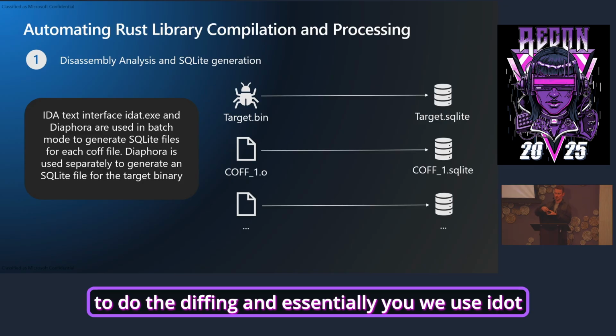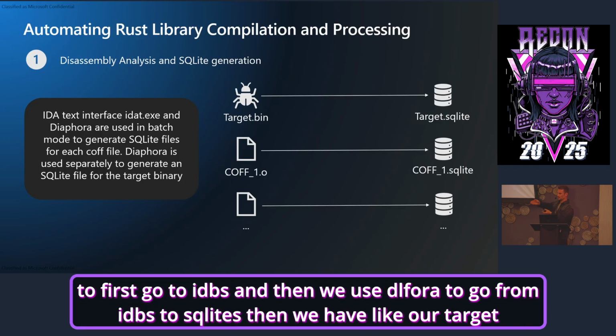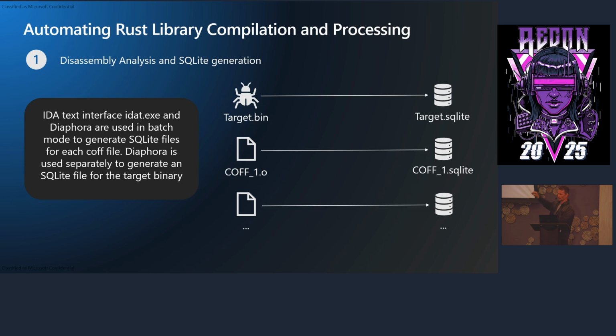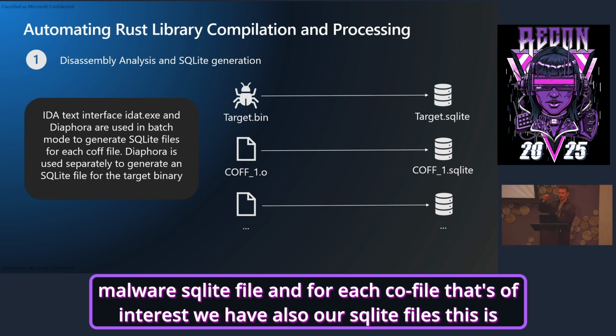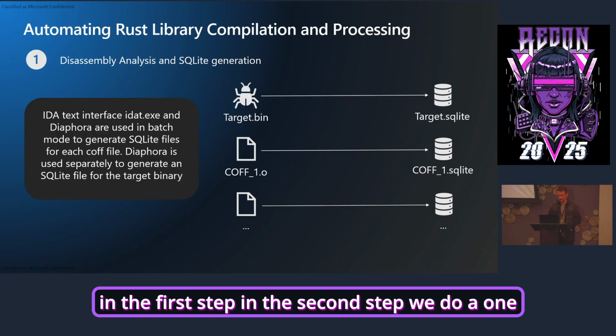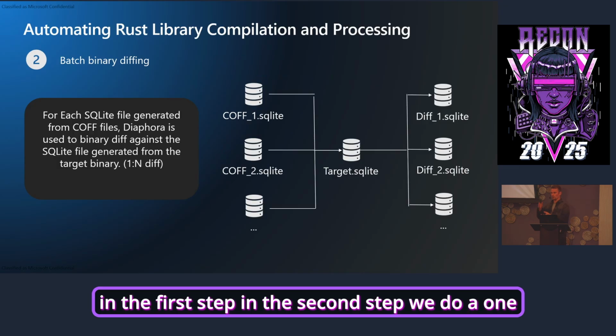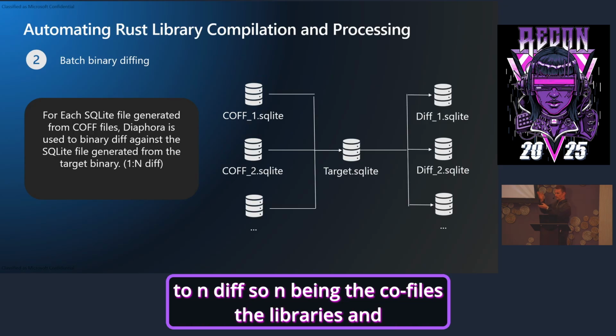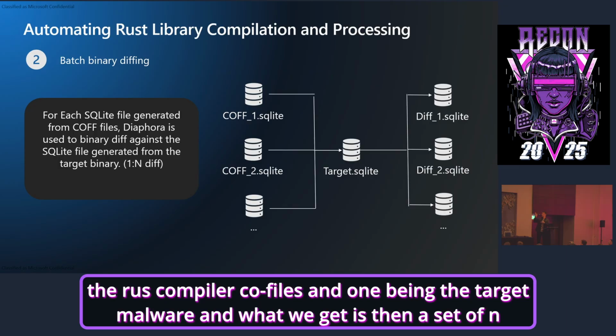Essentially, we use idat to first go to IDBs, and then we use Diaphora to go from IDBs to SQLites. Then we have our target malware SQLite file, and for each COFF file of interest, we have also our SQLite files. This is the first step. In the second step, we do a one-to-n diff, n being the COFF files, the libraries, and the Rust compiler COFF files, and 1 being the target malware.